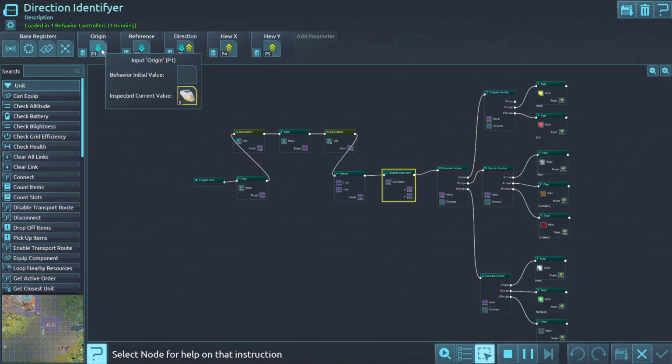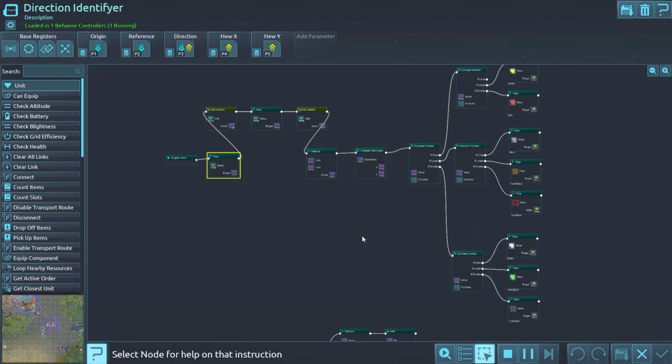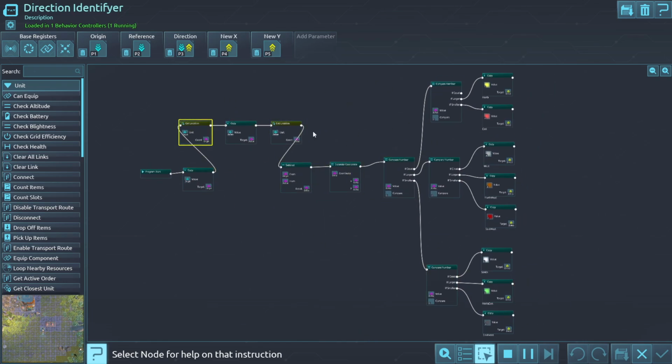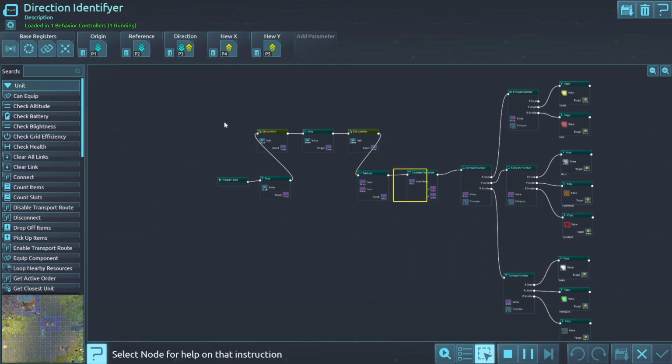And that just makes everything a lot more flexible and allows you to use this without just copy pasting it all over the place in your code. You'll be able to just call this on any two locations and determine directionality from those locations.